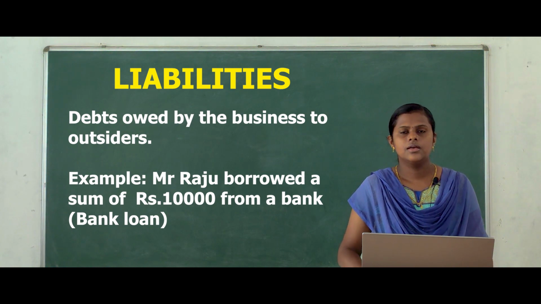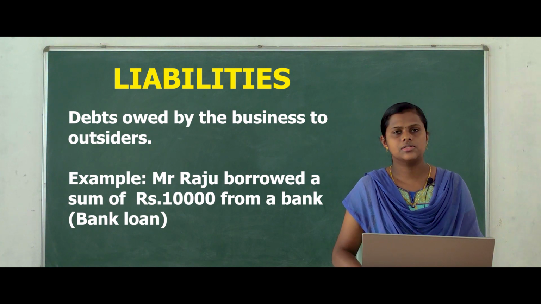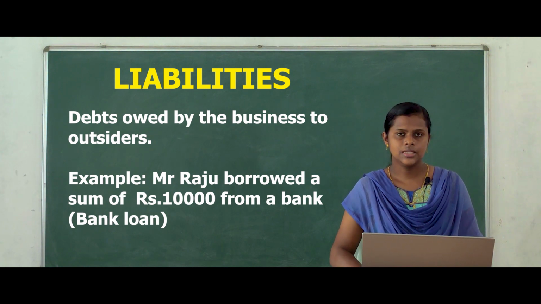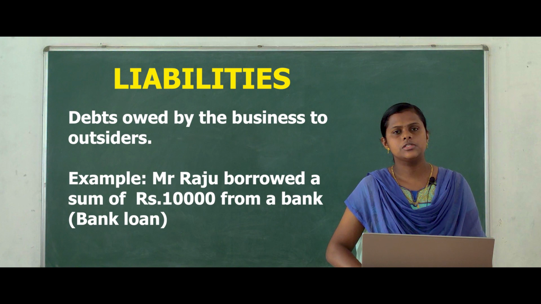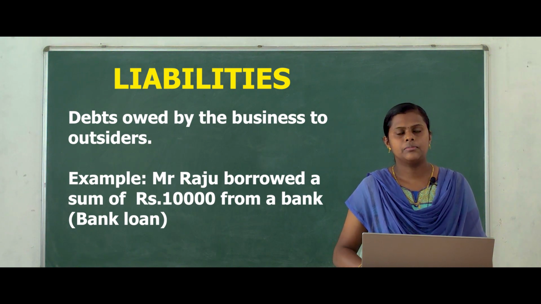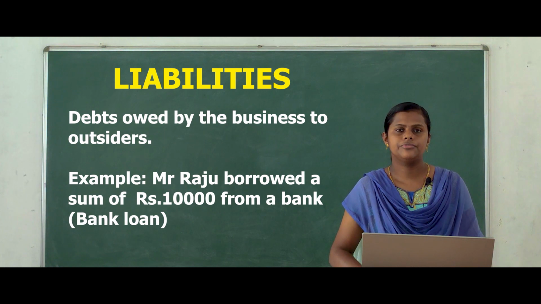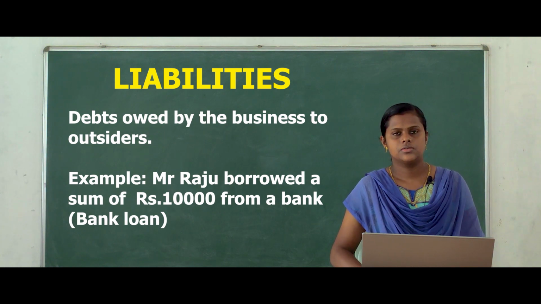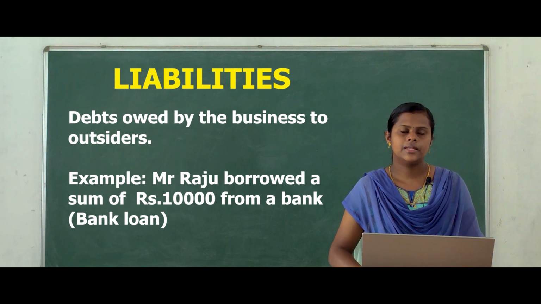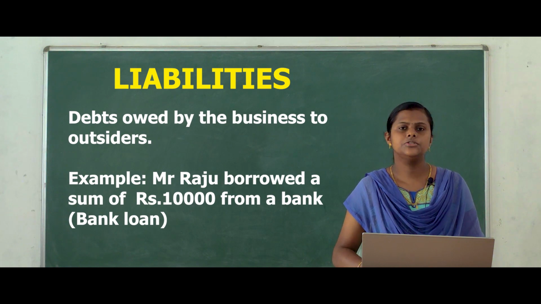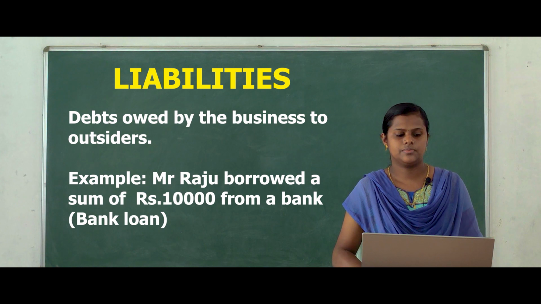For example, Mr. Raju borrowed a sum of rupees 10,000 from a bank. In this case, it is the responsibility of Raju's business to repay the amount to the bank on a future date. So we can say that liability means the obligation to repay the amount on a future date.